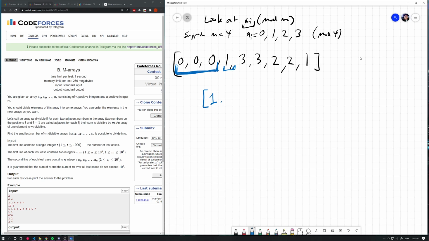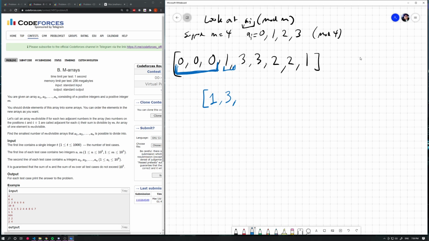Because we're looking at 1 mod m, if we wanted this array to extend for more than one element, we would need to add something else to it, and there's only one choice for that number, and that is 3, assuming m is 4, because 1 plus 3 is the only thing that can equal 0 mod 4.